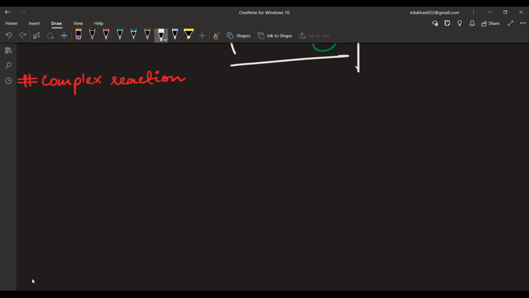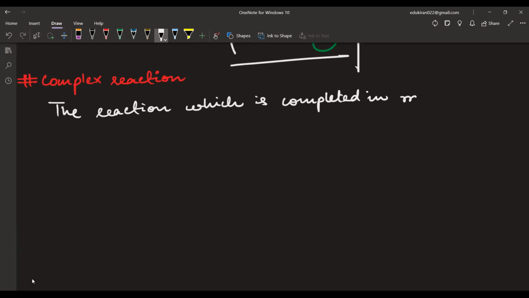Please write: the reaction which is completed in more than one step is called a complex reaction.